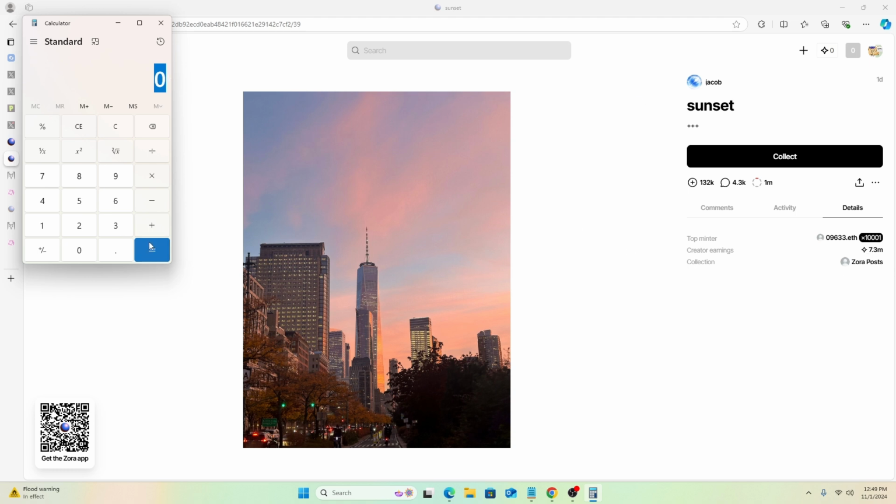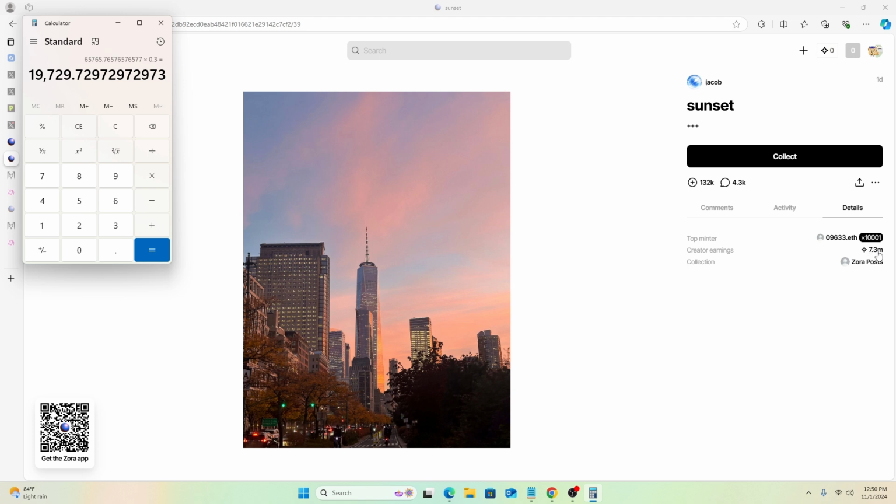So 7.3 million, let's say, divided by 111. So this is around 65. Let's put it, no, I think times 0.3. So this is around how much was raised by Jacob based on what's on display here. 7.3 million star.